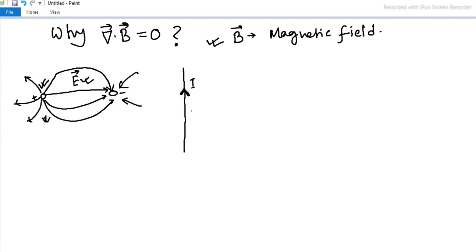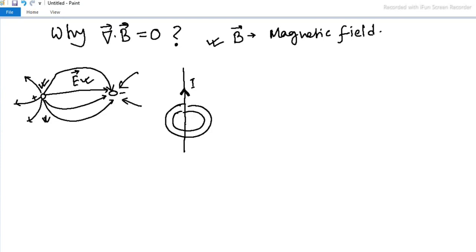Due to this current flow, I'll be getting some sort of magnetic field around this wire. So around the wire the magnetic field will be created.